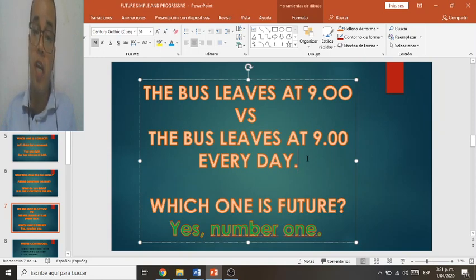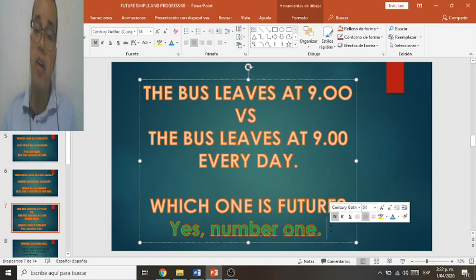Remember, when we are talking about routines, we use the simple present. But number one is the future, depending on the time. If it's 8 o'clock and I say the bus leaves at night, it means that it's going to be in 1 hour. So I'm expressing a future situation. So yes, you were totally right. Number one is the correct one.